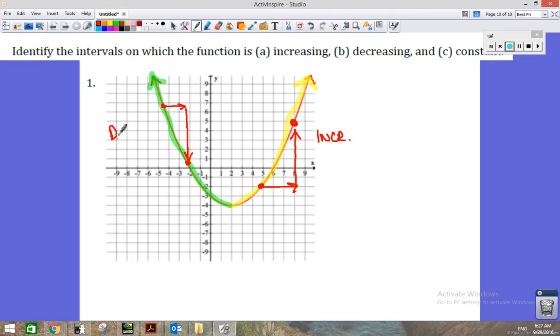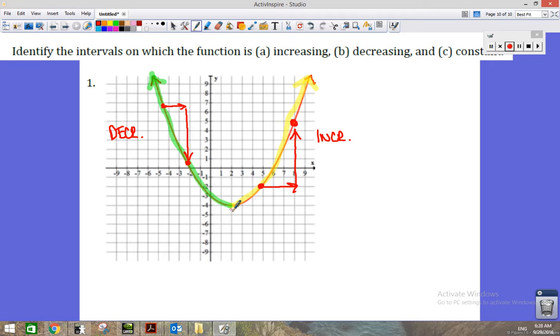So if you were to calculate the slope of the line that passes through those 2 points, you would see that you have a negative slope. So remember that the x's determine where we're at on the graph, and the y's are the output of the function, and we're interested in whether those y coordinates are decreasing as you move to the right, or increasing as you move to the right.